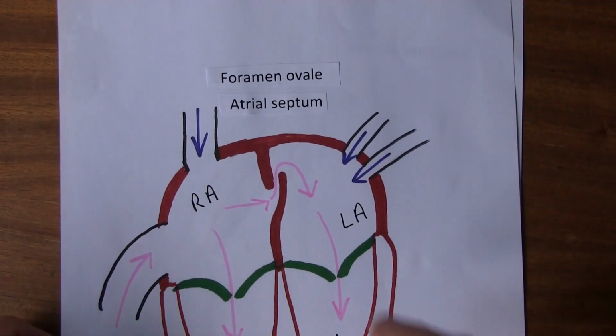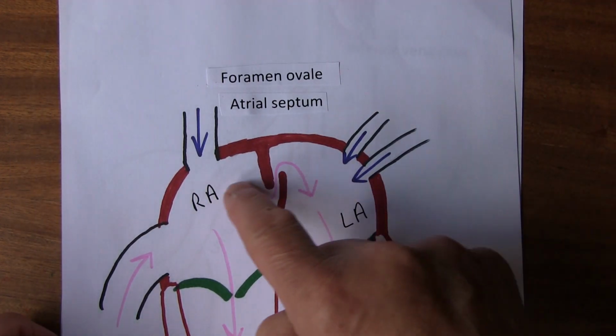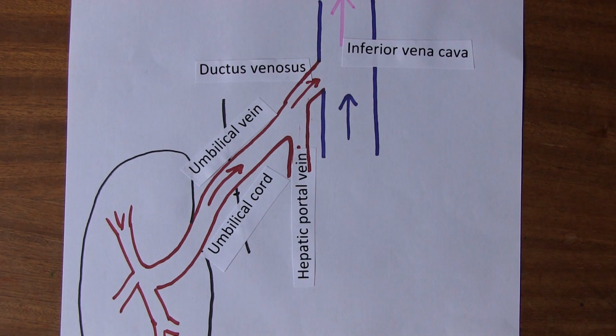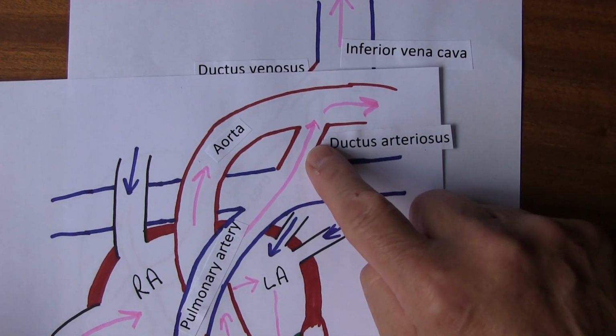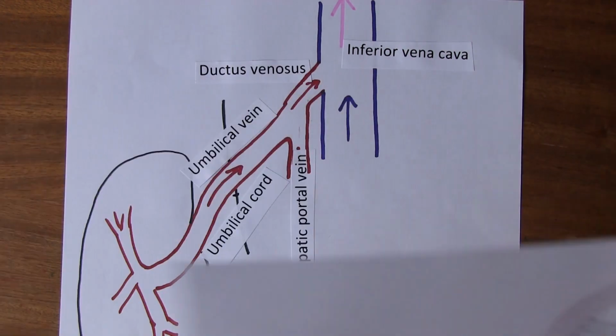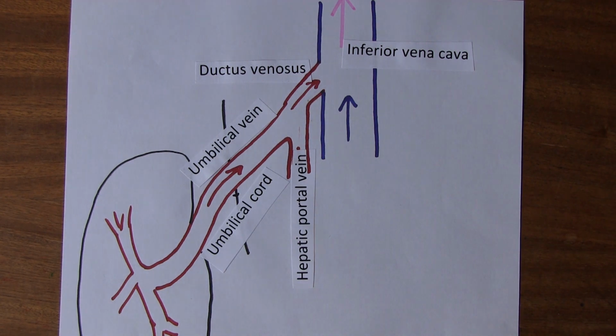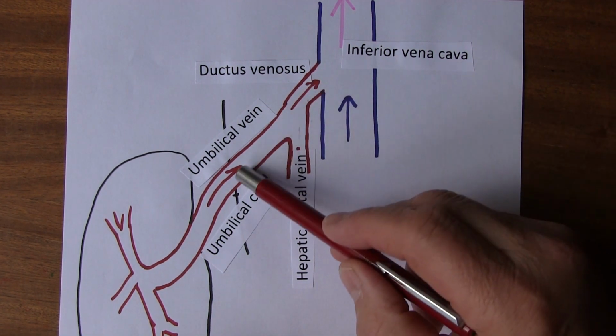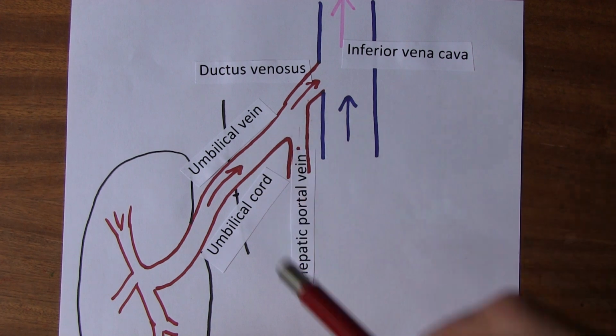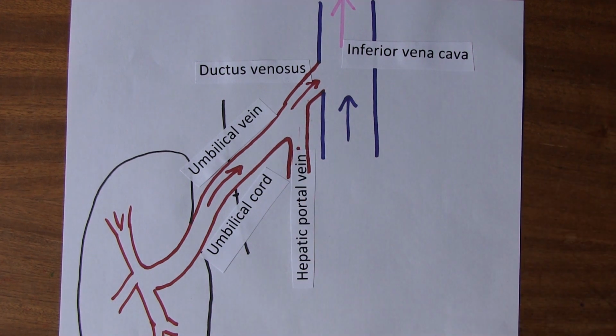They do occasionally go wrong. That will give us an atrial septal defect, a hole in the heart. If this doesn't close off, that's called a patent ductus arteriosus. And although there are cases in the literature of the umbilical vein not closing off, that's a very rare condition indeed. So quite amazing physiology in the fetus, accompanied by equally amazing physiological changes at the time of birth.